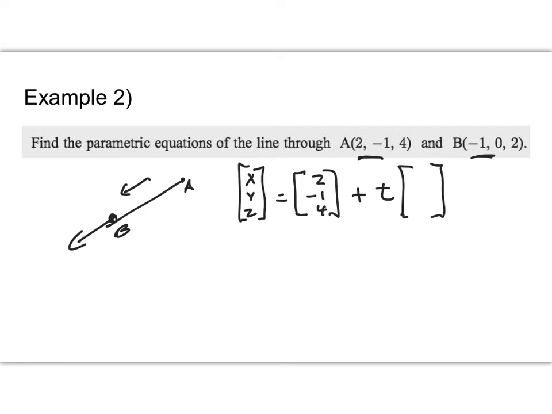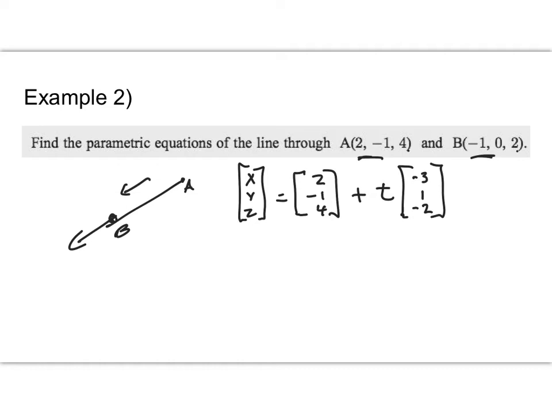I can look at it either as -1 minus 2, or I can say to get from 2 to -1, which direction? Well, that's -3. Either way is fine. -1 to 0 is 1, or 0 minus -1 is +1, and 4 to 2 is -2, or 2 minus 4 is also -2. And that's my vector equation of my line. Pretty simple.